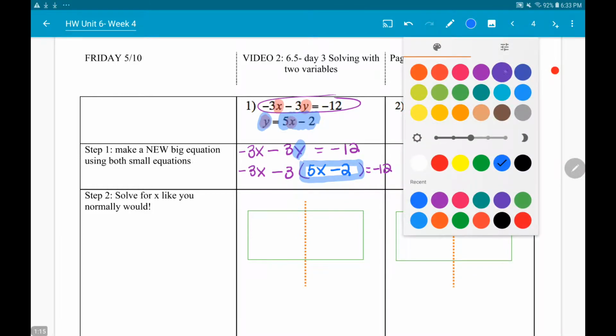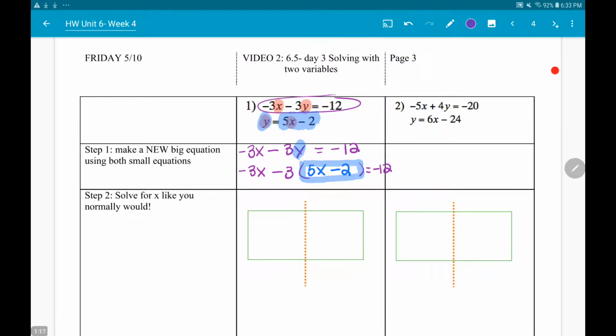All right, let's try that again for example 2. So I'm going to take my top equation, and I'm going to rewrite it. And when I rewrite it, instead of y, I'm going to put parentheses.